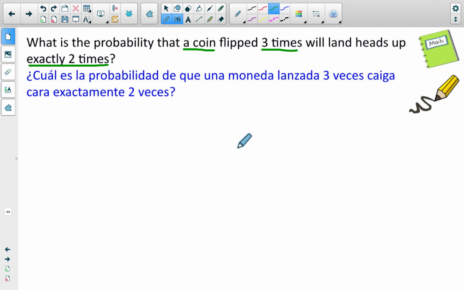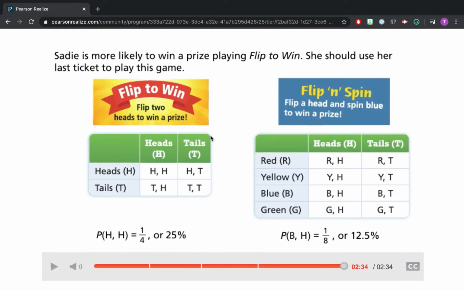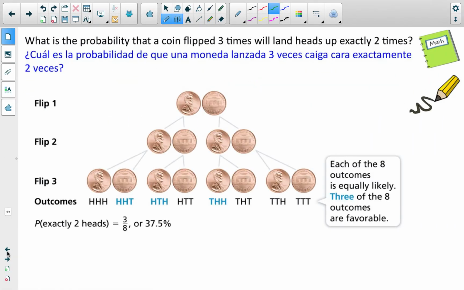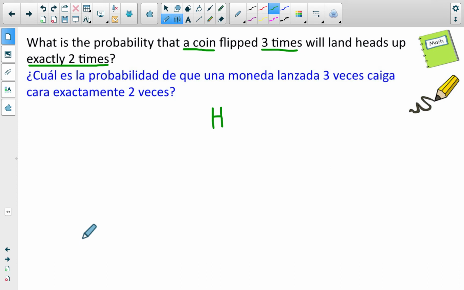So, what I'm going to do is use a tree diagram. I'm going to create it vertically, but tree diagrams can also be created horizontally. Now, on our first flip, we have two possible outcomes, right?